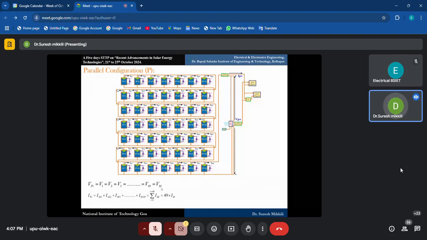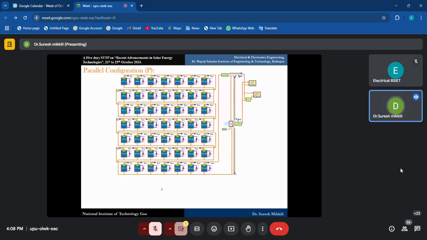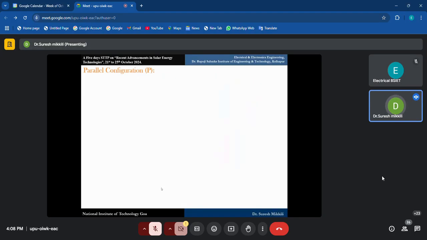The power will again be VPV times IPV, which is equal to Vm times 49 times Im, that is 49 Vm Im. So power will not change, either it is series connected or parallel connected. Power is the same, 49 Vm Im only.